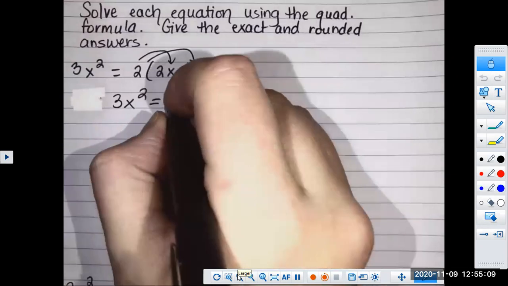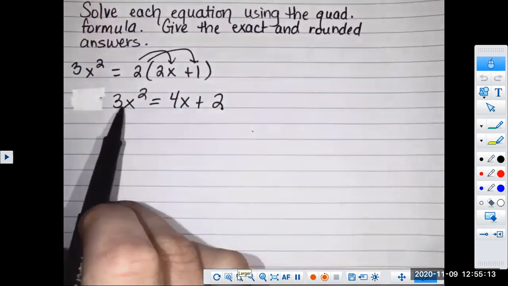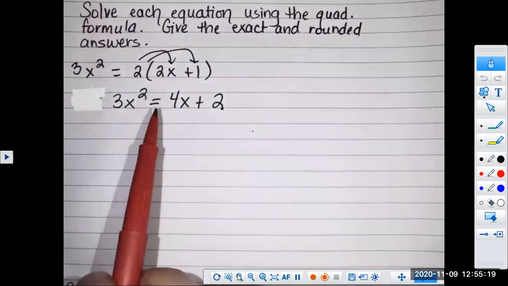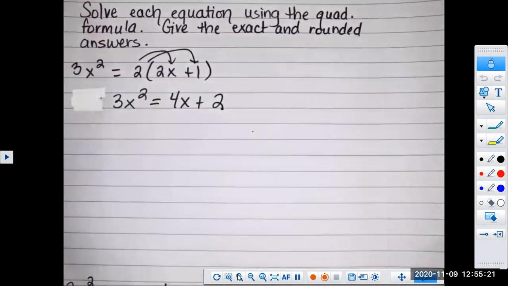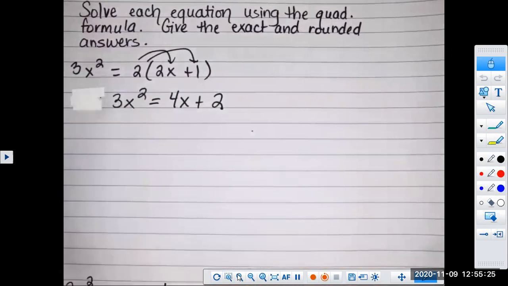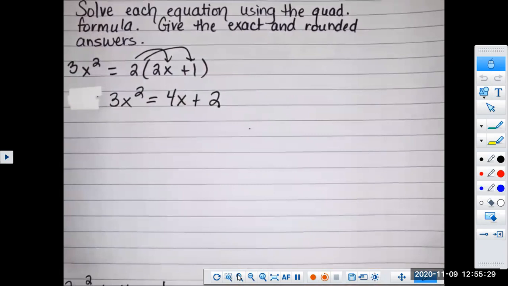Good, 4x plus 2. Okay, now we're closer to it looking like what we want. It has to be set equal to what? 0. Now, it doesn't matter. I always try to keep x squared positive, but you can easily just move it to this right side if you want to do that.